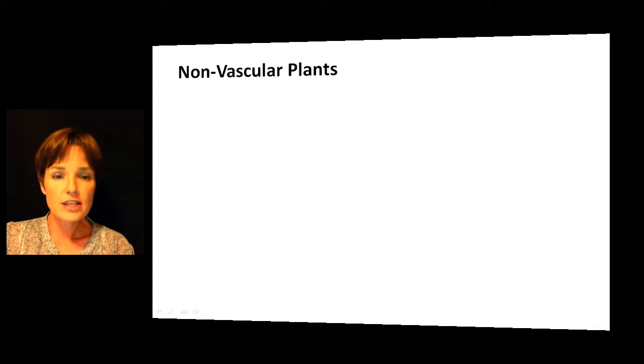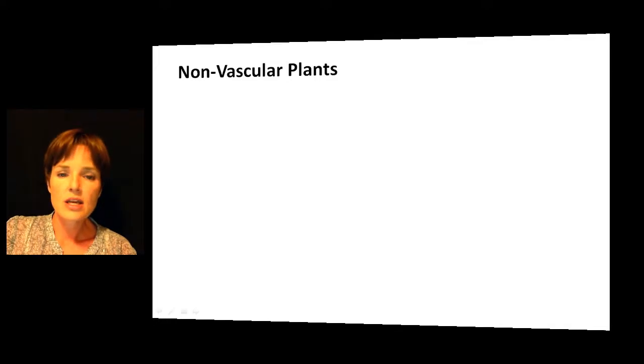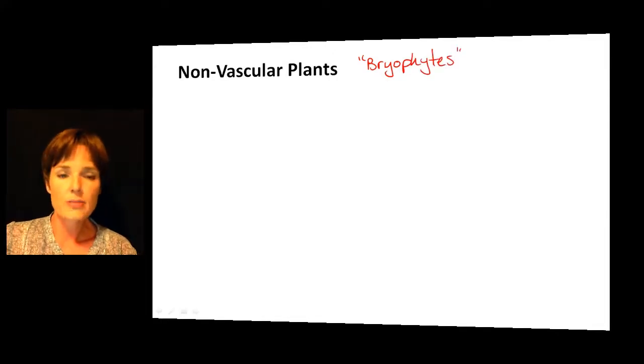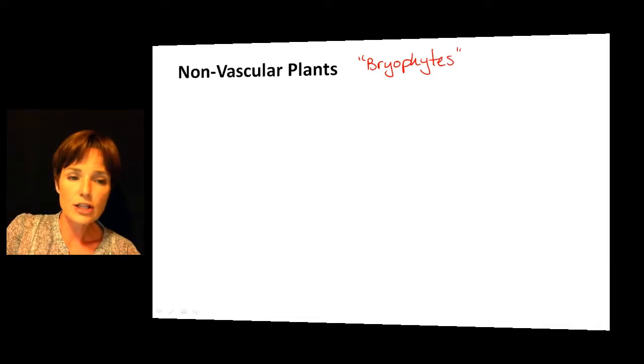So if we first look at the non-vascular plants, these are commonly referred to as the bryophytes. Now that term bryophytes is really a generic term because this is going to include 3 different phylum. And if we look at those 3 different phylum, the first one is the Bryophyta.